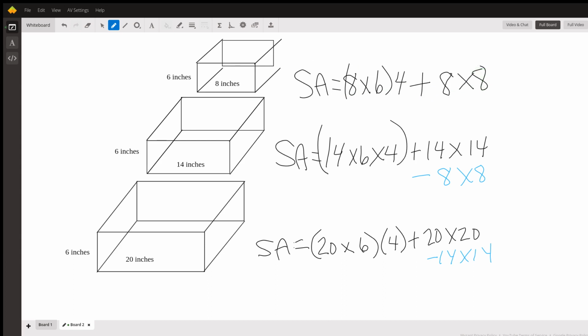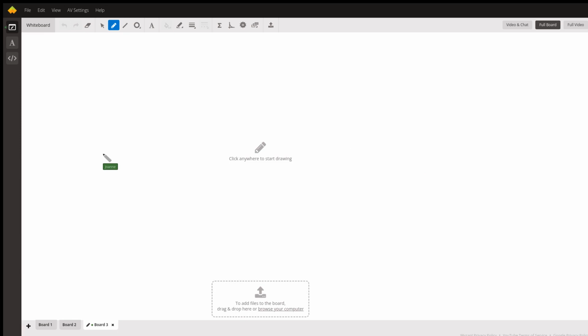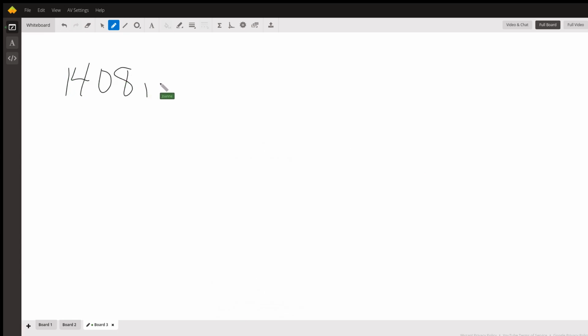Calculating all this out, as you go through and add up all these numbers, I'm going to go on a different board here. The total that I got when I added all of that up was 1408, and everything is in inches squared because we were multiplying inches by inches.